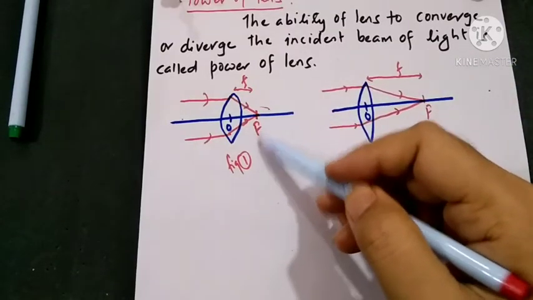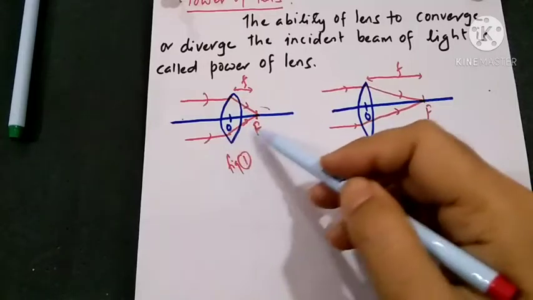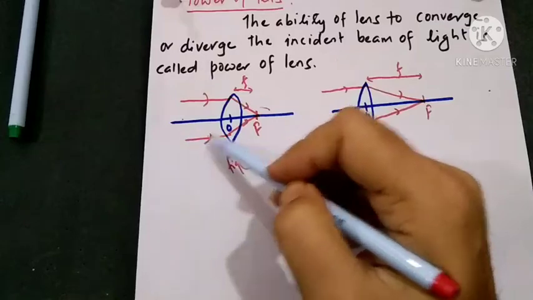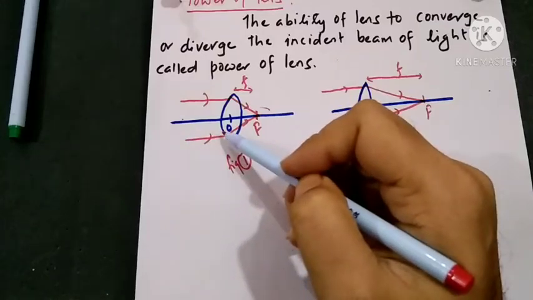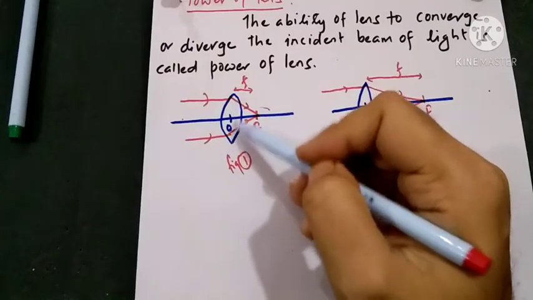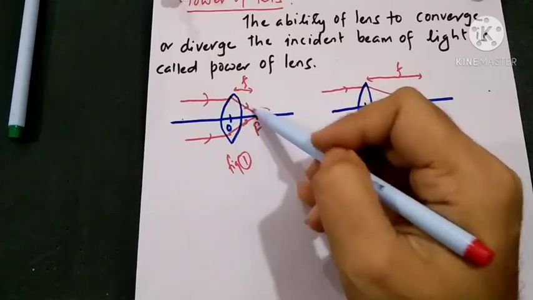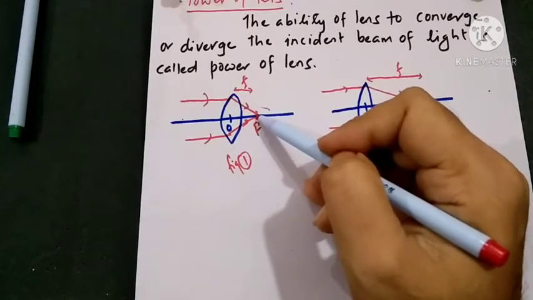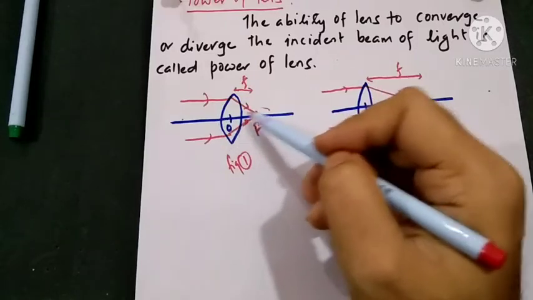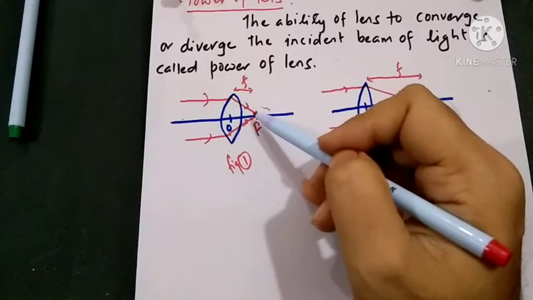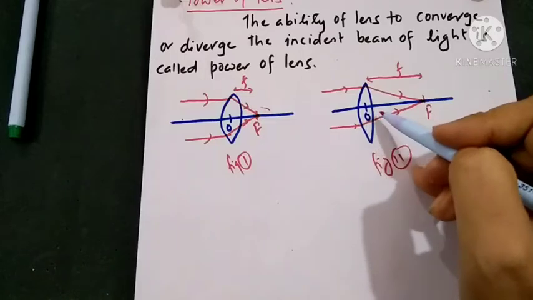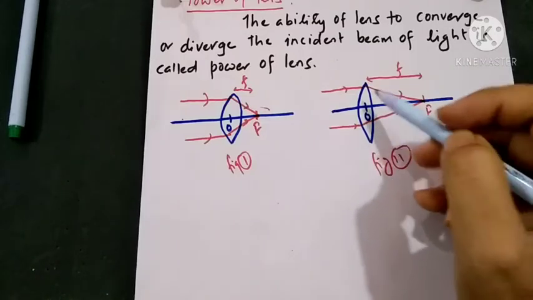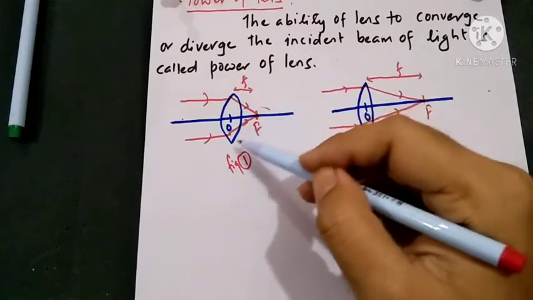Focus lying nearer to the lens suggests that parallel rays of light incident on this lens meet, after refraction, nearer to the lens than the lens in figure 2. See here, the light rays meet nearer to the lens.